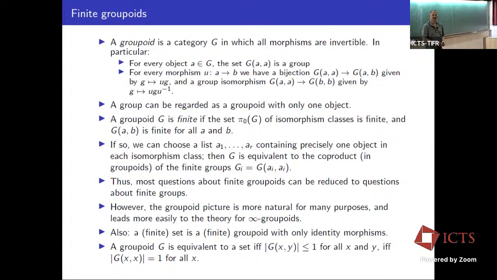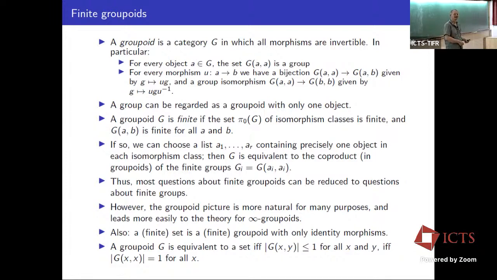and in fact, pi naught G in this case is just a set of size r, right? Your pi naught is just a discrete set, and the whole groupoid basically is just a family of groups parameterized by that set. There's a set and there's one group for each point in that set.